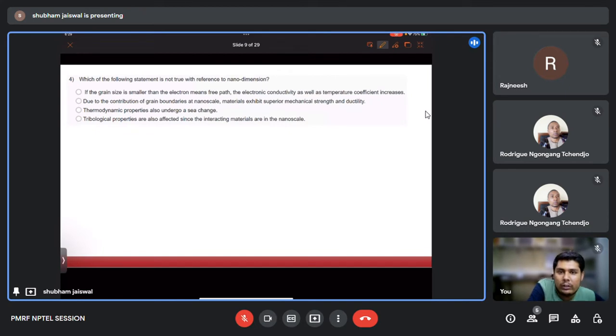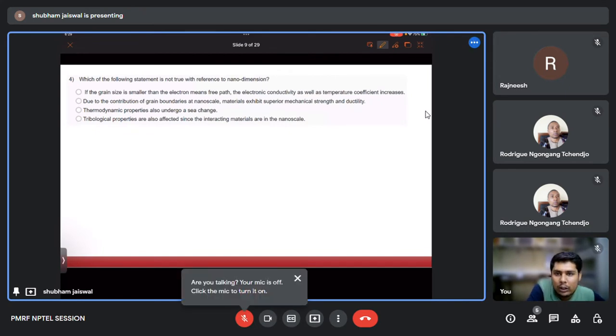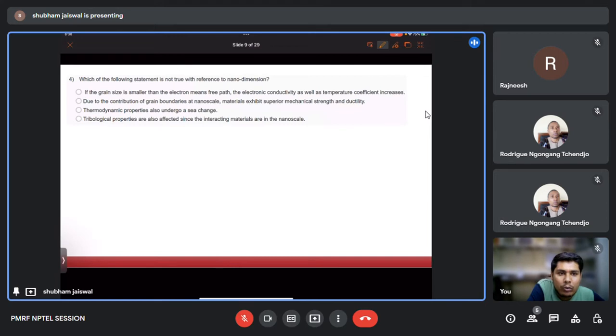Which of the following statements is not true with reference to nanodimension? If the grain size is smaller than the electron mean free path, the electronic conductivity as well as the temperature coefficient increases. Due to the contribution of grain boundaries at nanoscale, materials exhibit superior mechanical strength and ductility. Thermodynamic properties also undergo sea change.